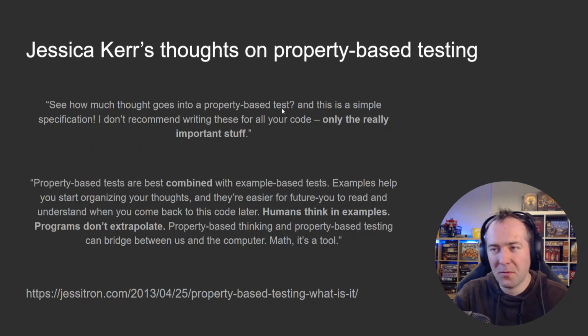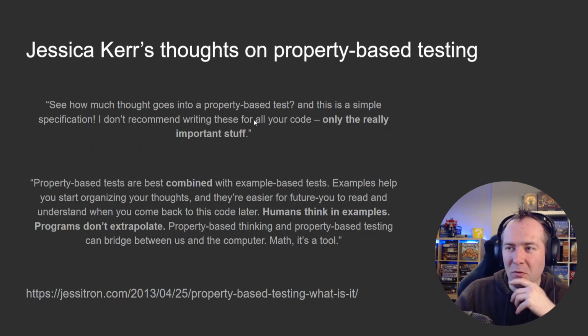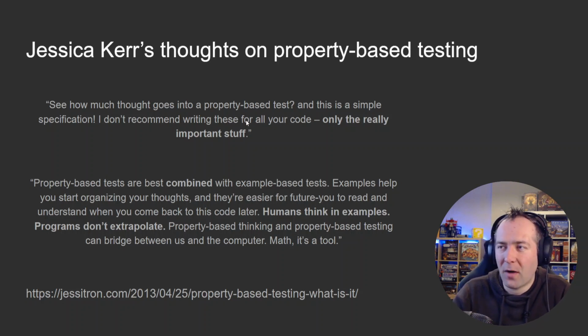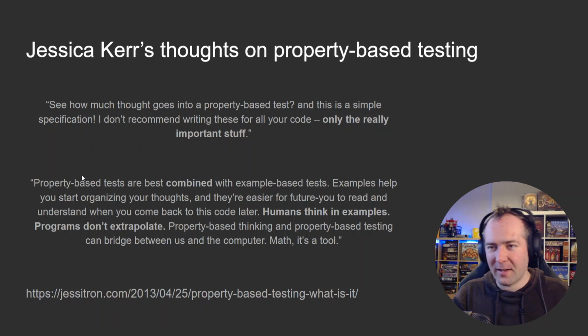Mars rover also, very simple example. I don't recommend writing properties for all your code, only the really important stuff. So it is hard to write properties. It's hard to do property-based testing. So only use it when it matters. Only use it when you're sending people to the moon, metaphorically speaking. Not when you're testing getters, setters, or a controller routing, stuff like that.